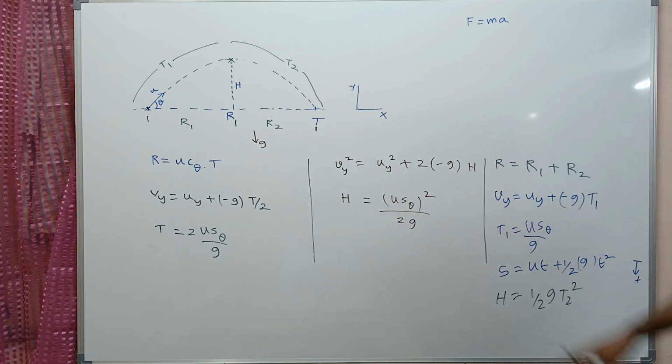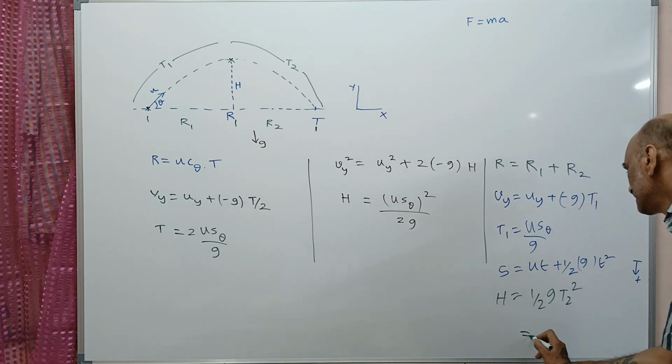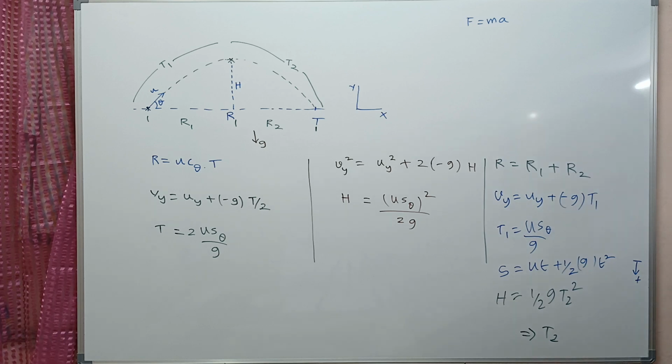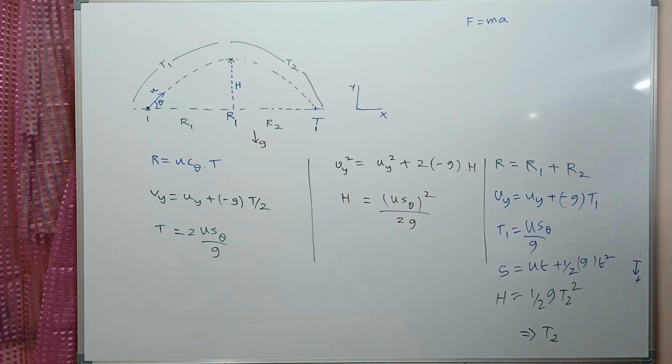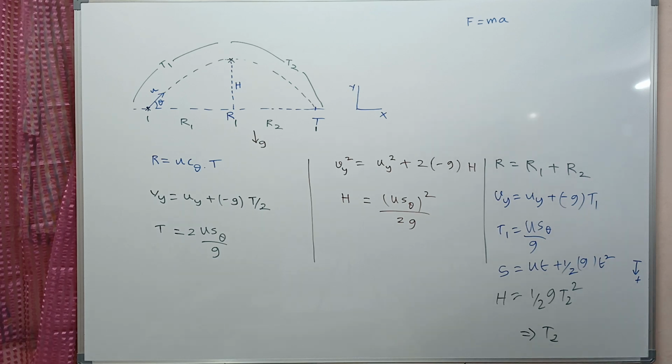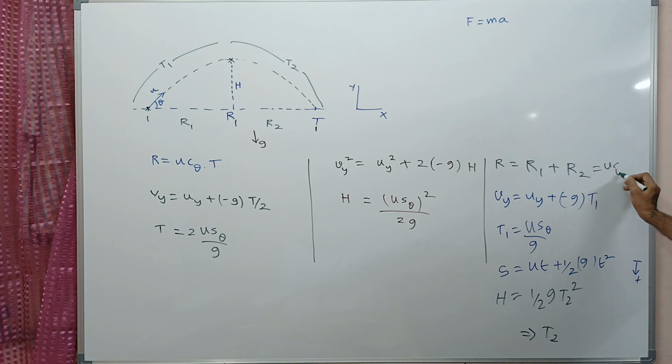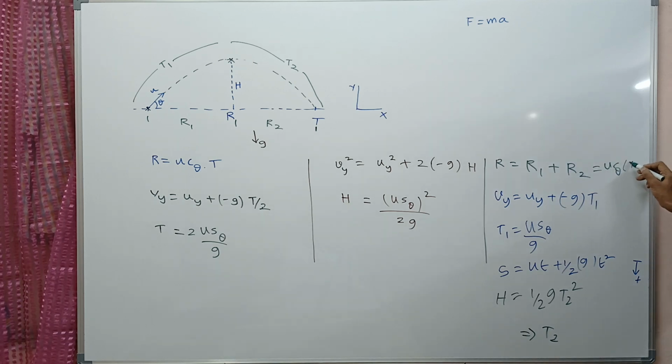So H is known. So from this I'll get T2. U, theta and g are known, so T1 is known, and H is known from this one, so T2 is also known. So once I know T1 and T2, I can find the range as u cos theta into T1 plus T2.